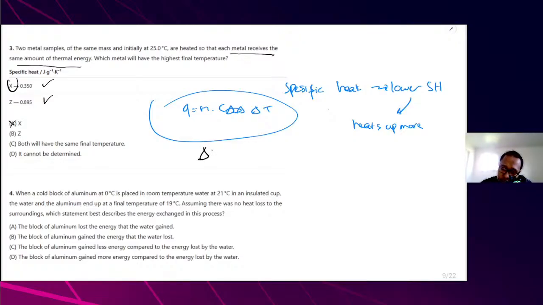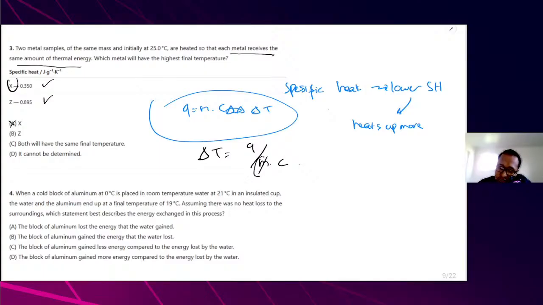If you see these figures, the equation is ΔT equals what? Q divided by m times c. Okay, the mass is the same, and the Q is the same.